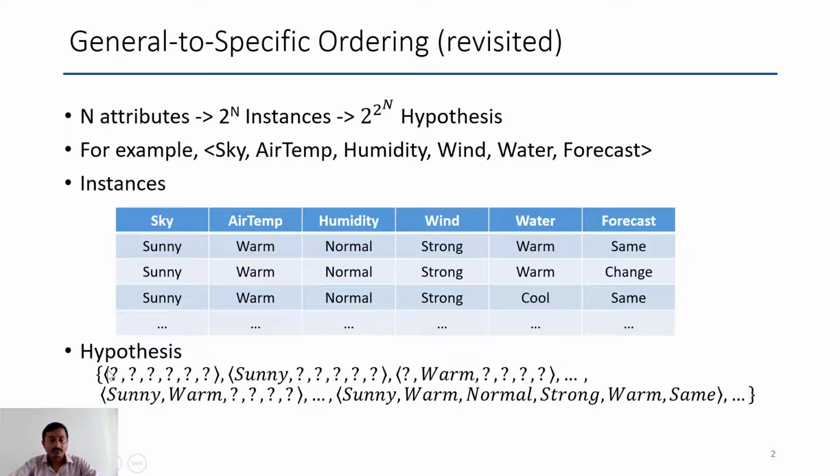The first hypothesis, if you remember, uses a question mark to represent that any value is acceptable, so it says that he will enjoy the sport on every day. The second hypothesis indicates that he will enjoy the sport on a sunny day. Another hypothesis says he will enjoy the sport where the air temperature is warm, and so on.